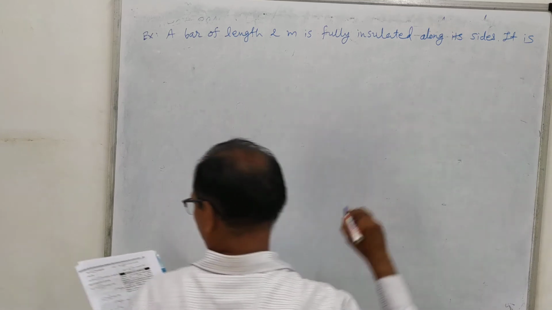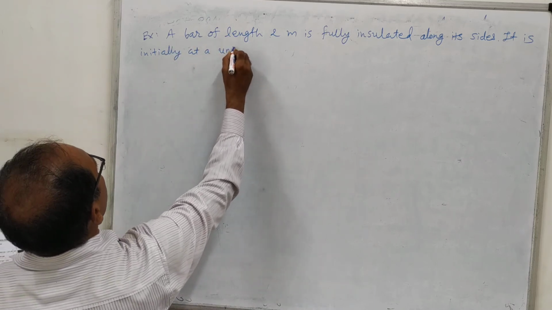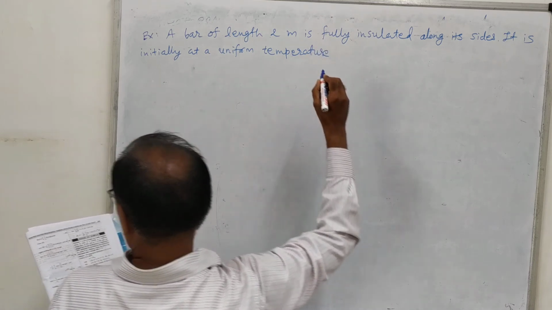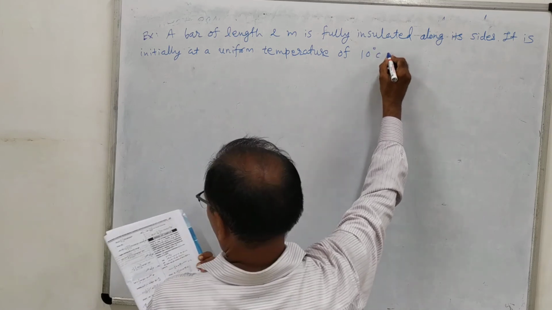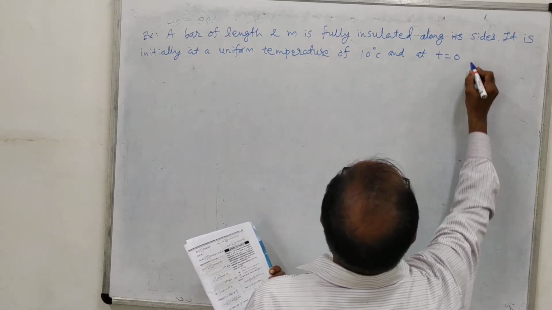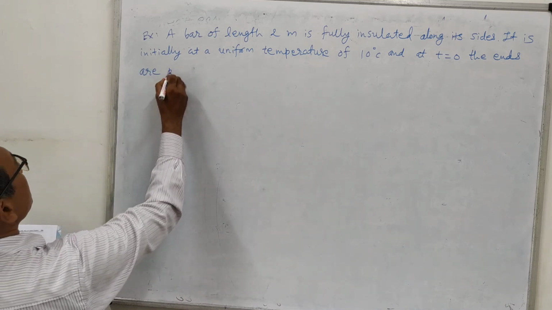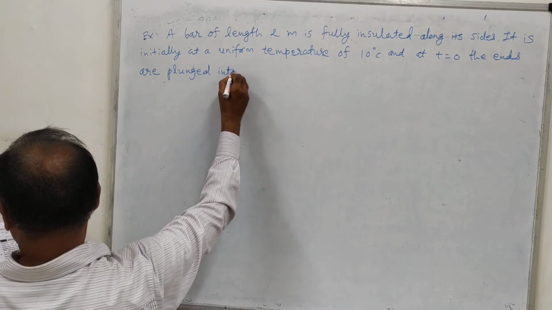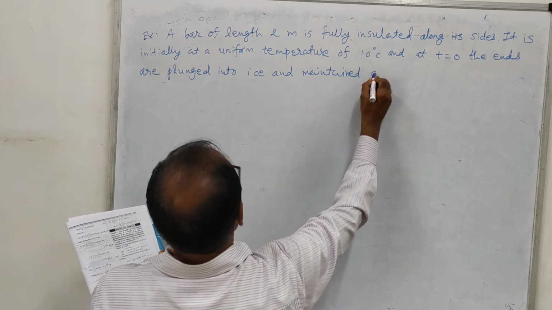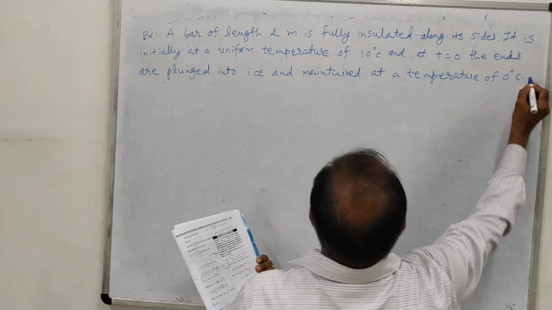It is initially at a uniform temperature of 10 degree Celsius, and at t equal to 0 the ends are plunged into ice and maintained at a temperature of 0 degrees Celsius.